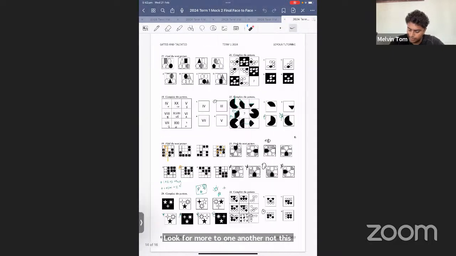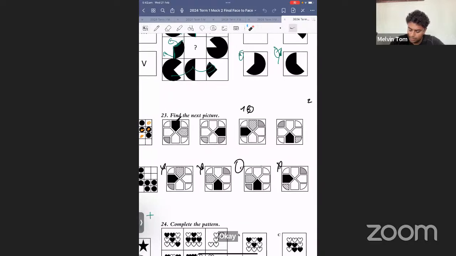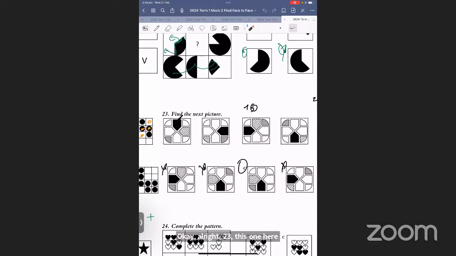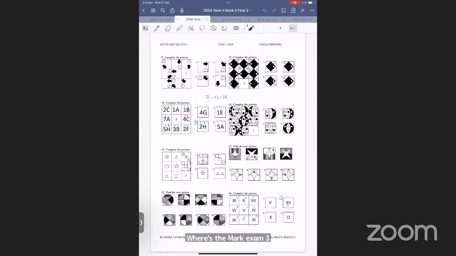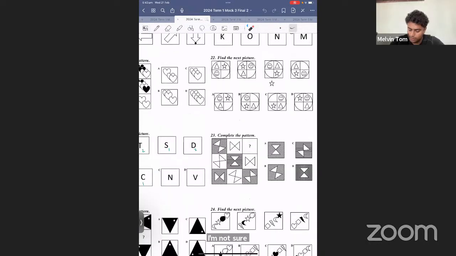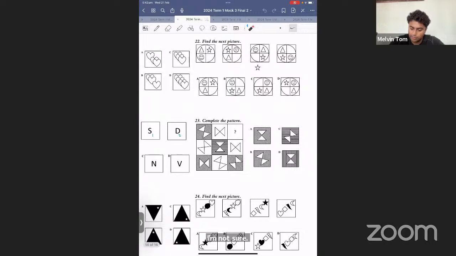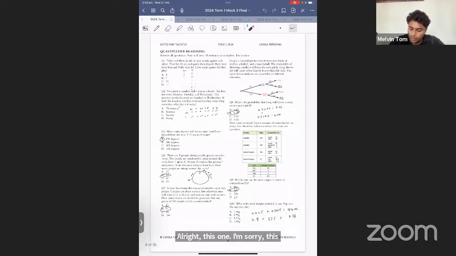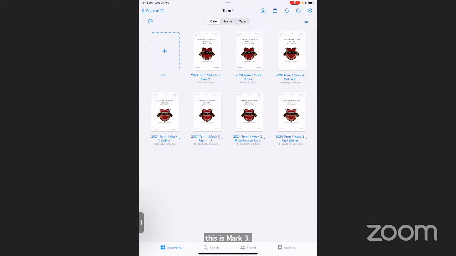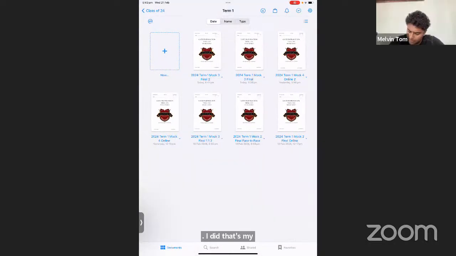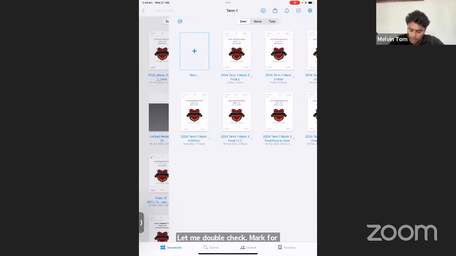All right. 23. This one here. Or is it mock exam 3? I'm not sure. Probably mock exam 3 then. Oh, this is mock 3. Sorry, I opened the wrong file for mock exam 1, my friend. That was my fault, not yours. Let me double check. Mock exam 1. Mock 4, mock 3, mock 3, mock 2, mock 2, mock 4. I don't think I have mock 1.